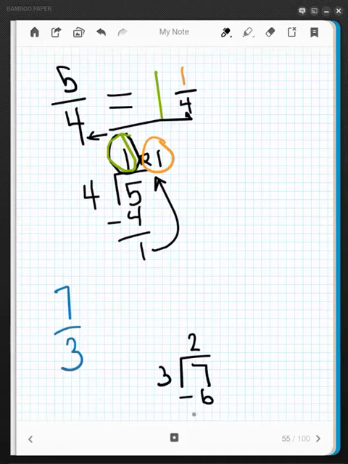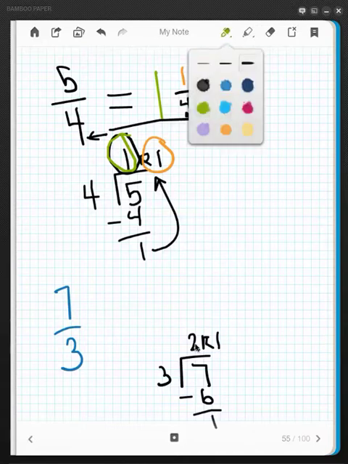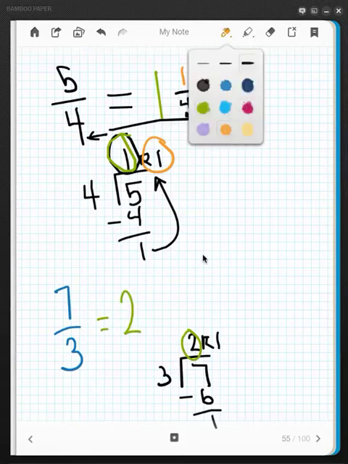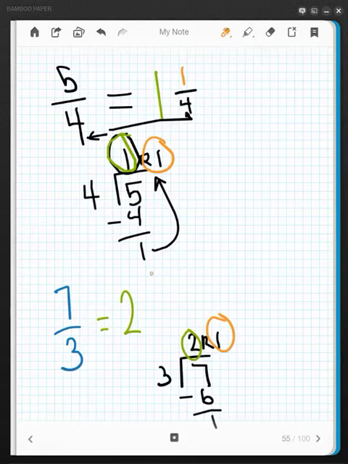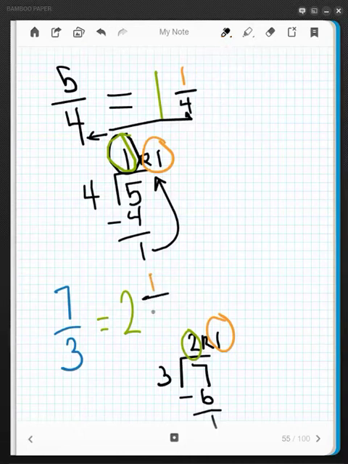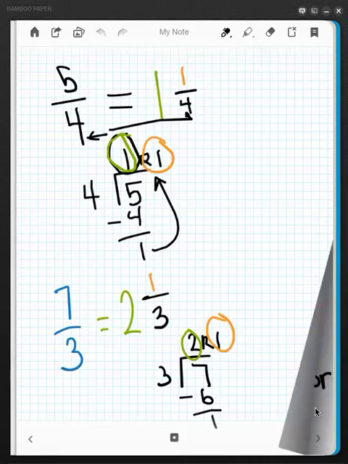That's 6, subtract, and that's 1, so a remainder of 1. And so now we see that this 2 is our whole number, this 1 is our numerator, and our original denominator is 3. And so that's our answer there.